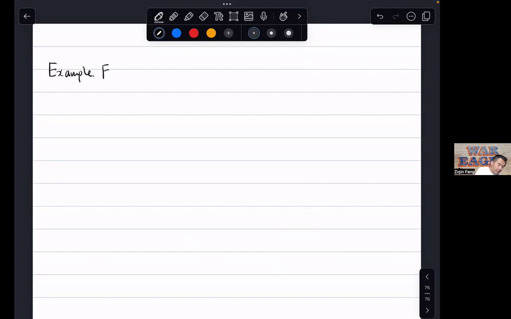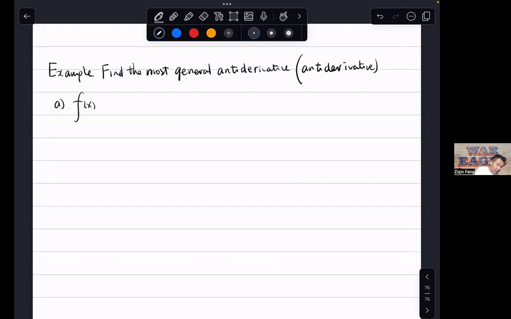Example: we want to find the most general antiderivative of the following function, which sometimes we just call the antiderivative instead of the most general antiderivative. First function here is f of x equal to 1/2 x squared minus 5x plus 3.